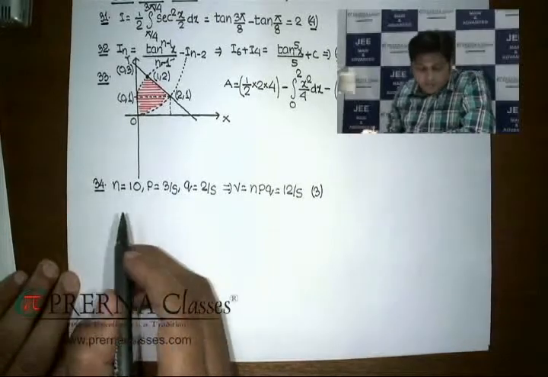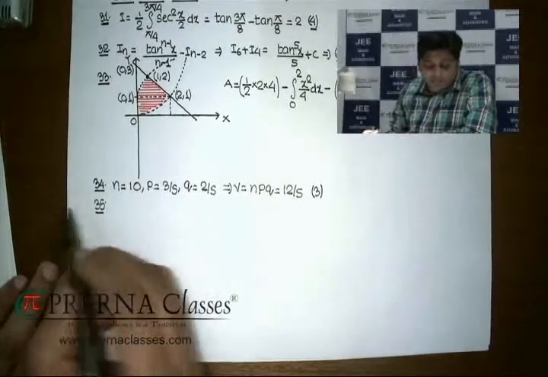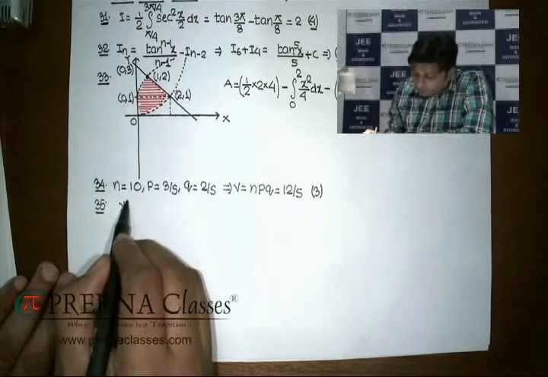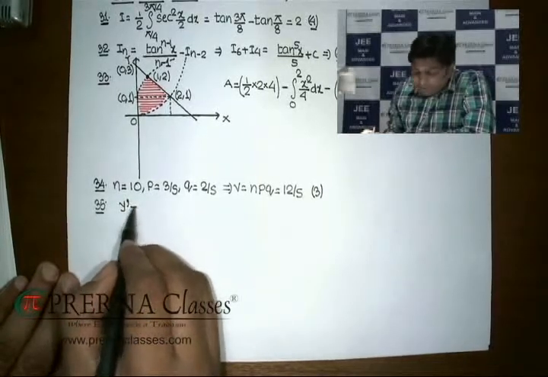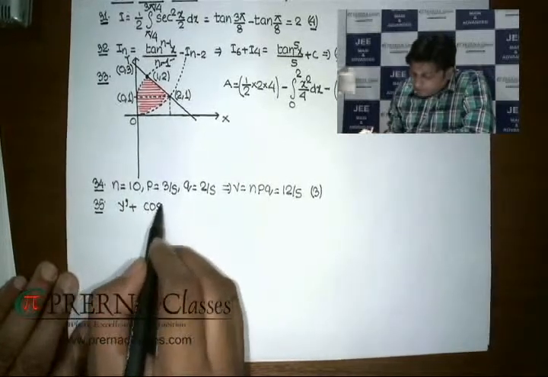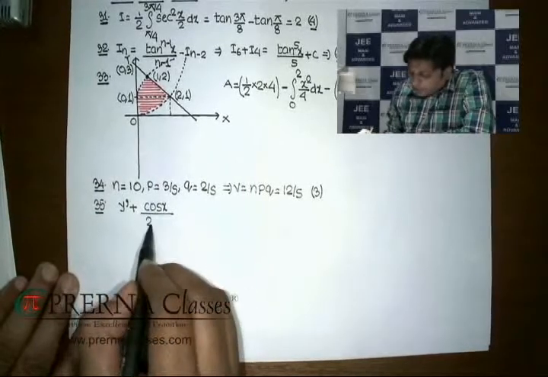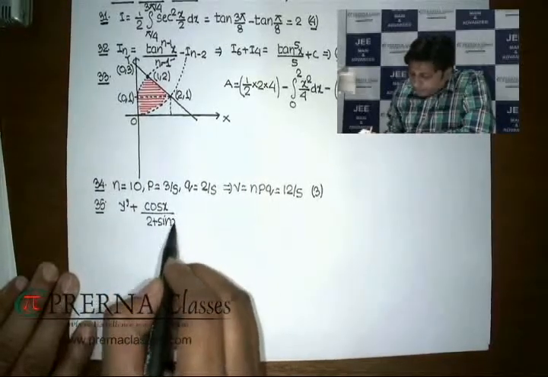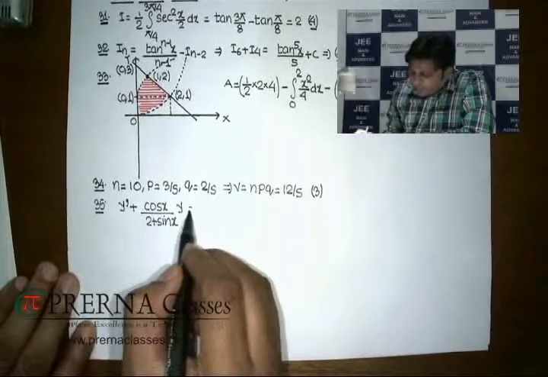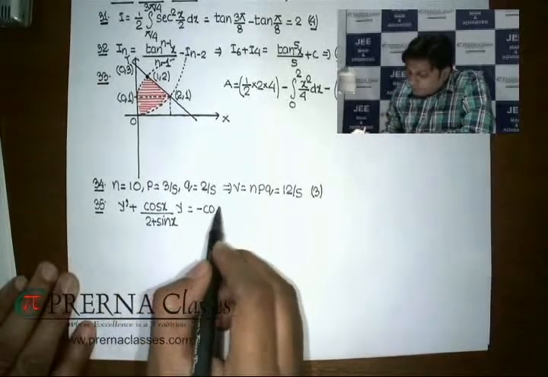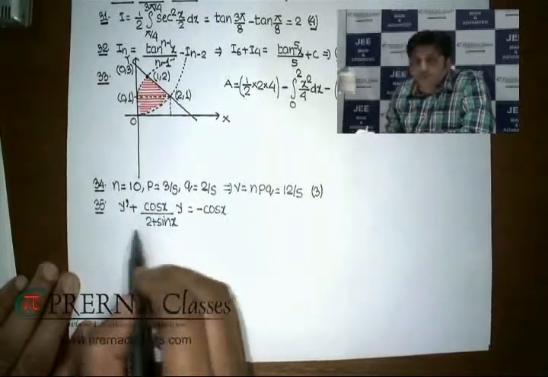The next question is talking about differential equations, which is a kind of linear differential equation. Note that the differential equation can be put in the form y dash plus cos x by 2 plus sin x into y equals minus cos x.